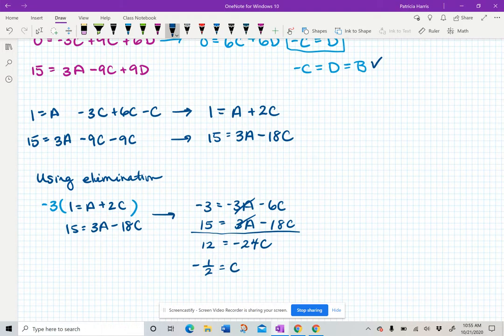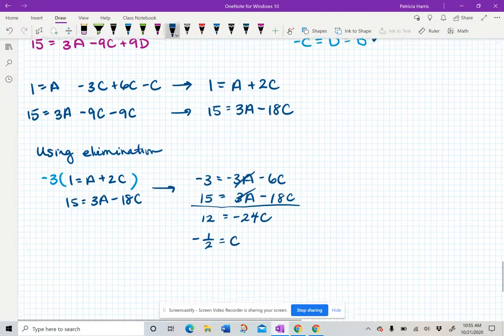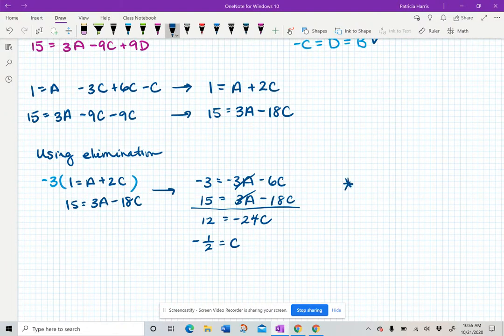So c is equal to negative 1/2. Okay, now remember, negative c is equal to d, which is equal to b, which tells me now we have d, b, and c. Now all we need is a.